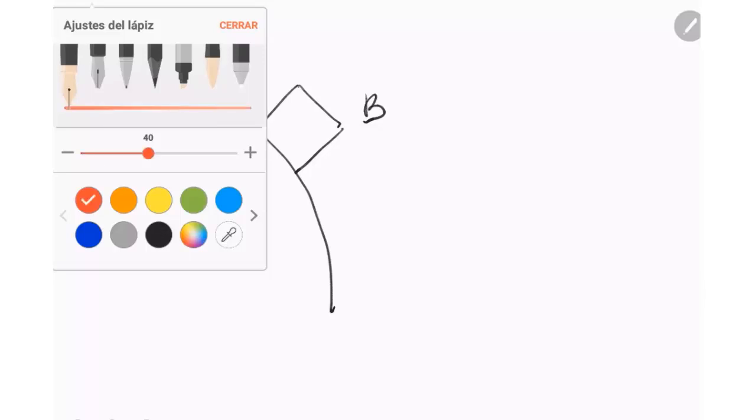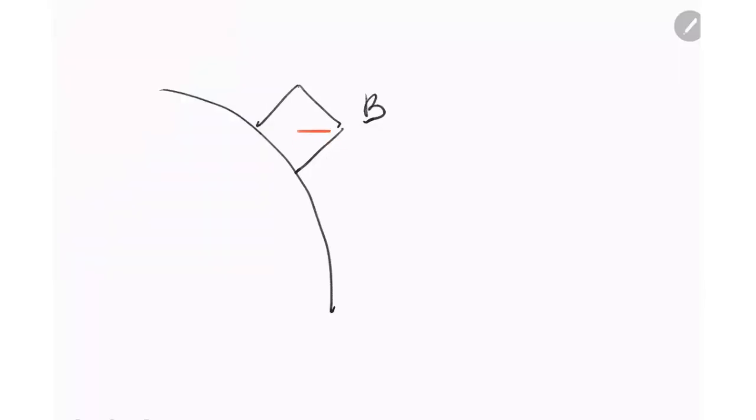This is the particle at the point B. And what forces are acting on it just at that point? Well, as we know, always the weight is acting on the particle, and the weight is mg.